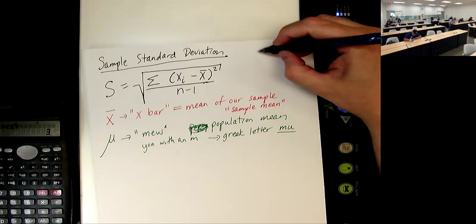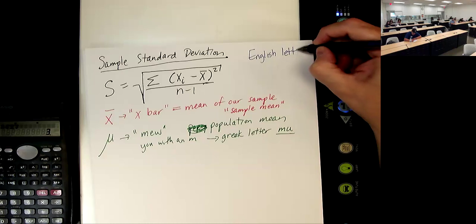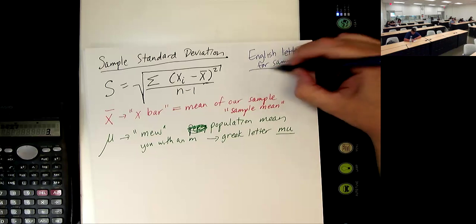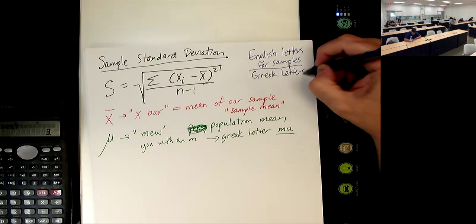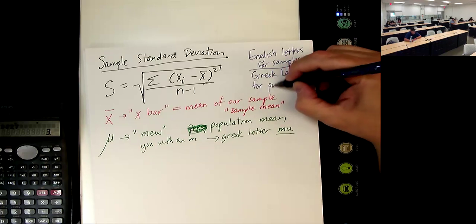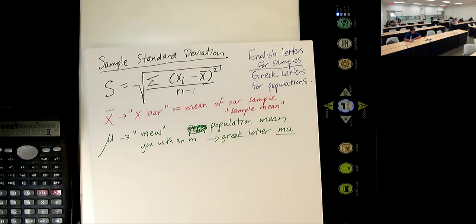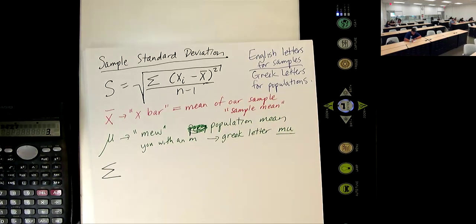So we will use English letters for samples and Greek letters for population, unless they mean something else. Like this crazy E. That is a Greek letter, but it's used for both.